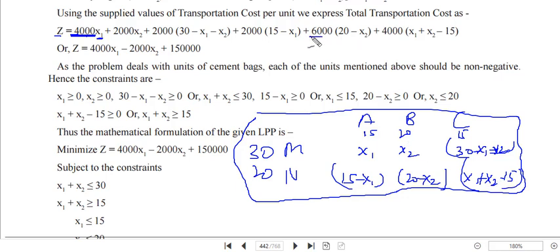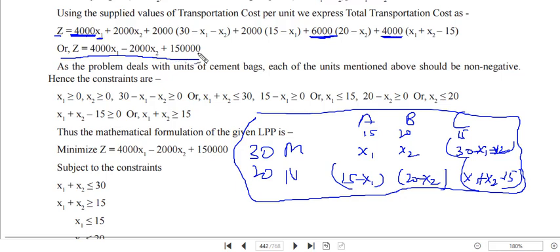So this is the cost table, already given in the illustration, right? When we solve this whole equation, we get Z, the objective function, the minimization of our transportation cost: 4000 x1 minus 2000 x2 plus 1,50,000.